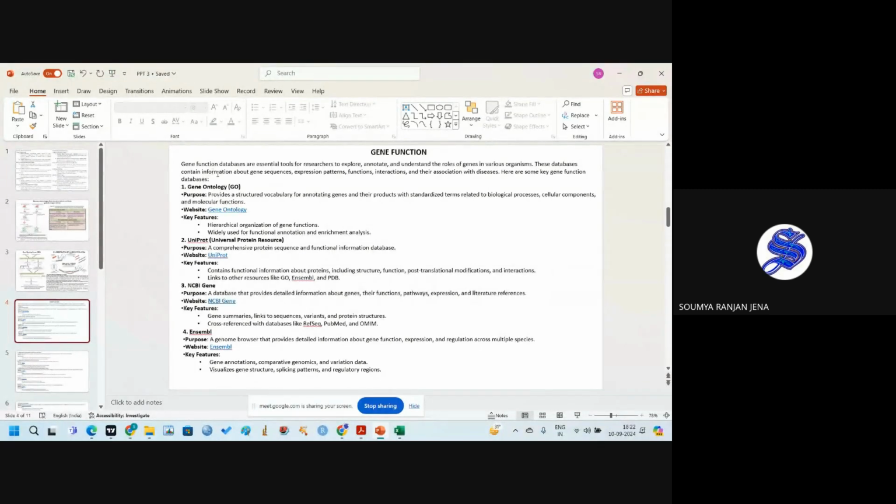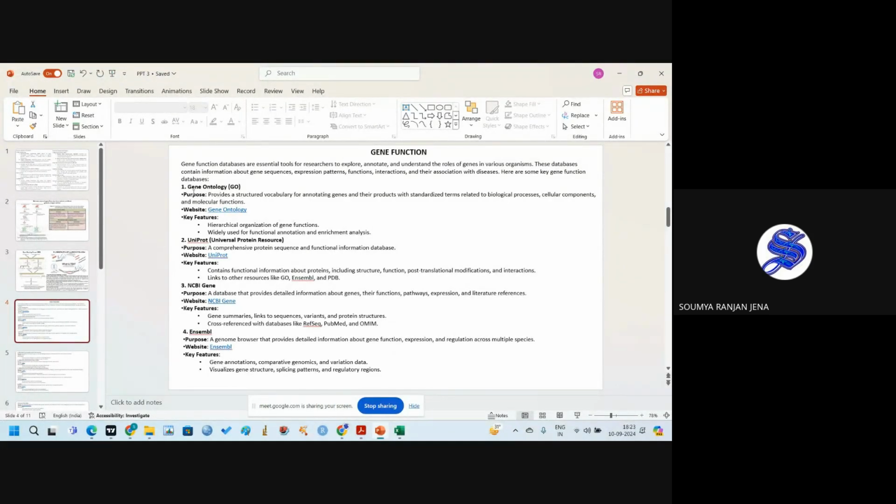These databases contain information about gene sequences, expression patterns, how these genes are expressed, overexpressed or underexpressed, their function, what kind of function that gene has, and interaction, how it interacts with different molecular pathways, and their association with disease. If a mutation, insertion, or deletion occurs, how these are associated with different types of diseases. And here are some key gene function databases.